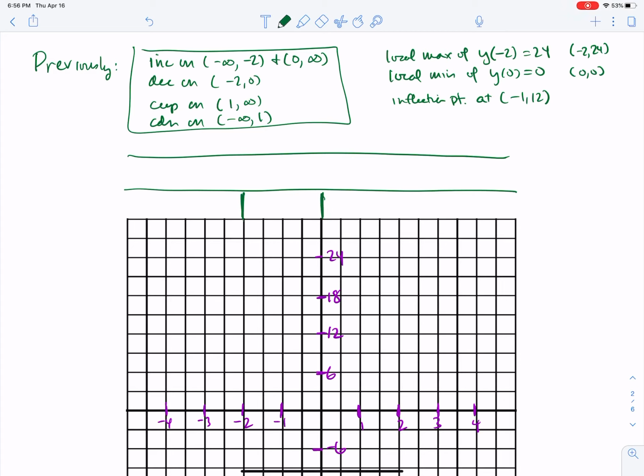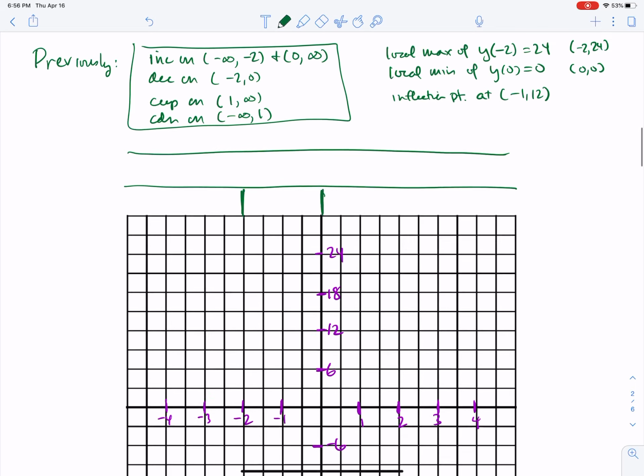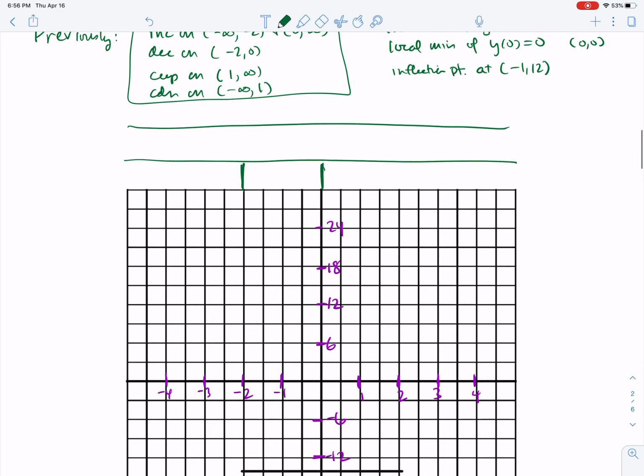So notice how I've got this scaling done on my axes down here. I'm using 2 units horizontally for each number that I've got. And because I know what my y-coordinate values are, at least for my maxes and mins, I'm scaling things so that a single grid line tick mark is worth 3 units.